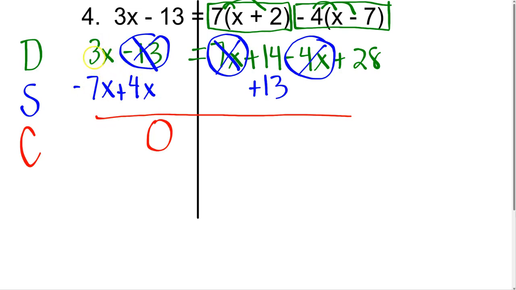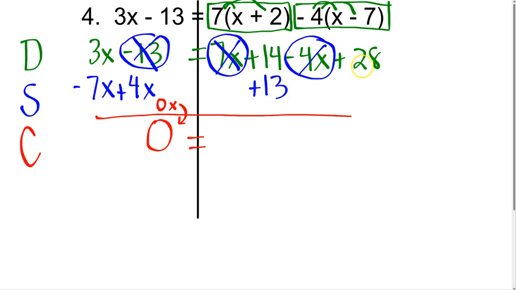Because 3 minus 7 is negative 4. Negative 4 plus positive 4 is 0. It's 0x, right? But we're just going to write that as 0. If I have 0x's, I'm just going to put 0. I have 0 on this side. And then on the right side, I have 14 plus 13, which is 27.